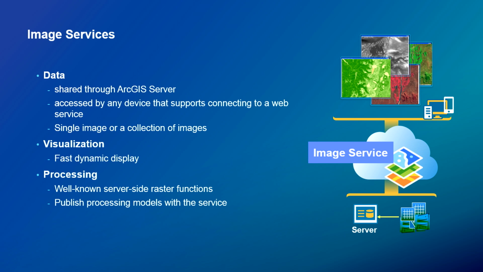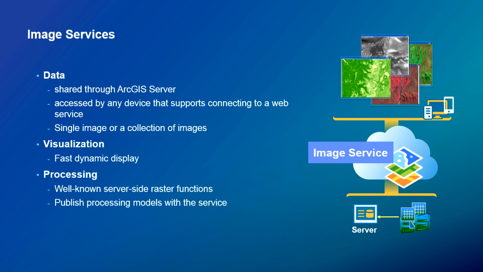One of the really powerful aspects of image services is the dynamic on-the-fly processing that is supported. It has a well-known list of raster functions, a wide array of raster functions that can be used together to create really complex and meaningful processing on your image service.